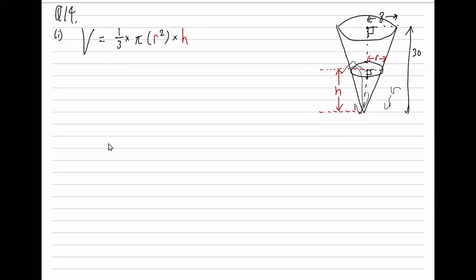R for radius of the water. You can just define it on your own. Let R cm be the radius of the conical shaped water. Let H cm be the height of the conical shaped water.